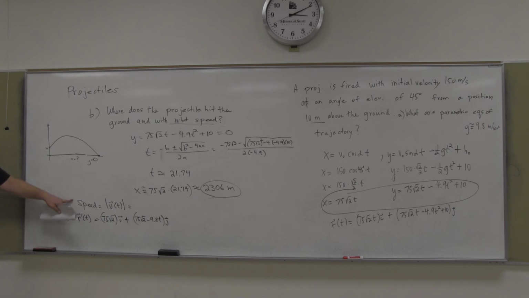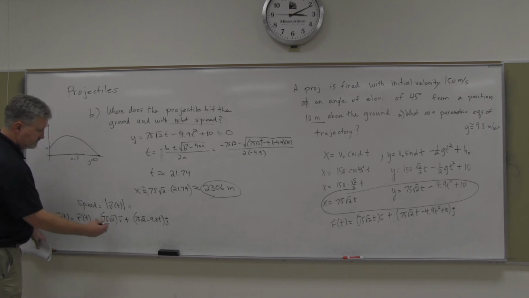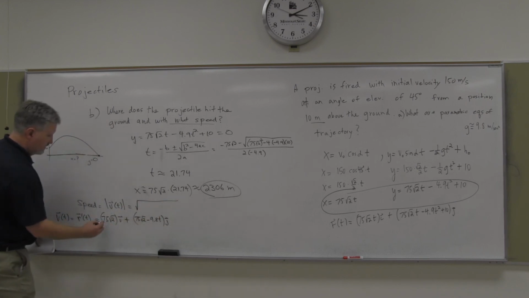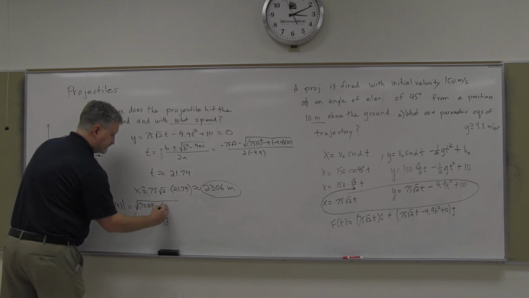The speed is the magnitude of that, so our speed is going to be the square root of that squared plus that squared.